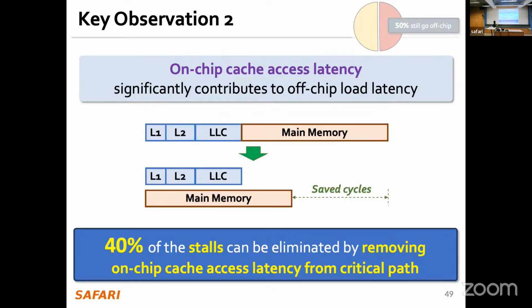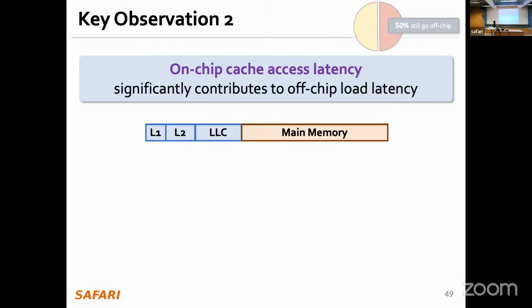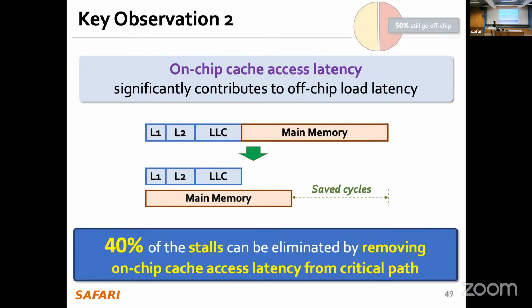The observation is that if you access main memory as soon as you generate the request, in parallel to the cache lookup, then you can save latency. As much as 40% of the stall cycles can be removed if we remove the on-chip cache access latency from the critical path of this request. That's the key observation here. If we go from this timeline to this timeline, there are saved cycles.